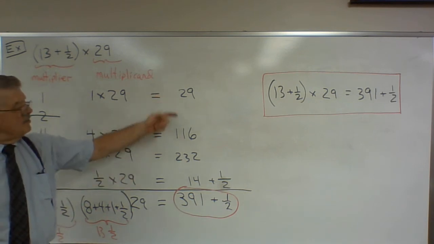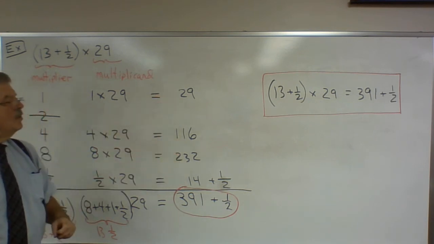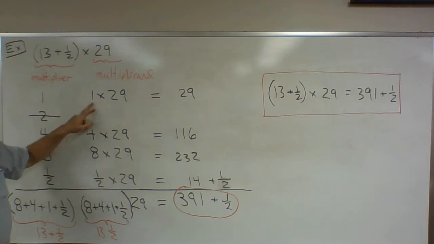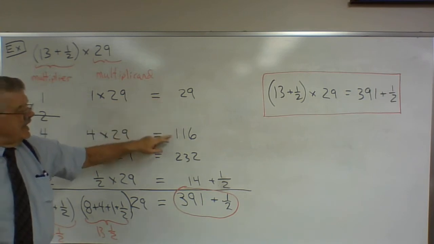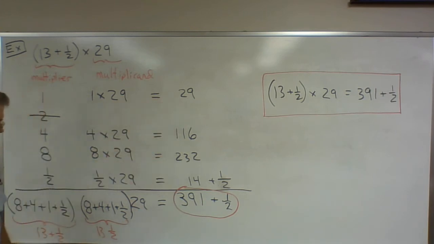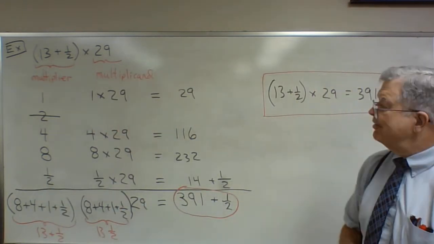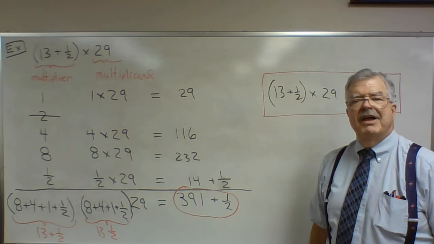So when we're adding up the things in this column, we're just adding up the products of what the multiplier has been decomposed into times the multiplicand. And we add these things up, and what we're really adding up is the product of the multiplier times the multiplicand. I was hoping a smoother explanation would come out of my mouth, but hopefully that makes sense.